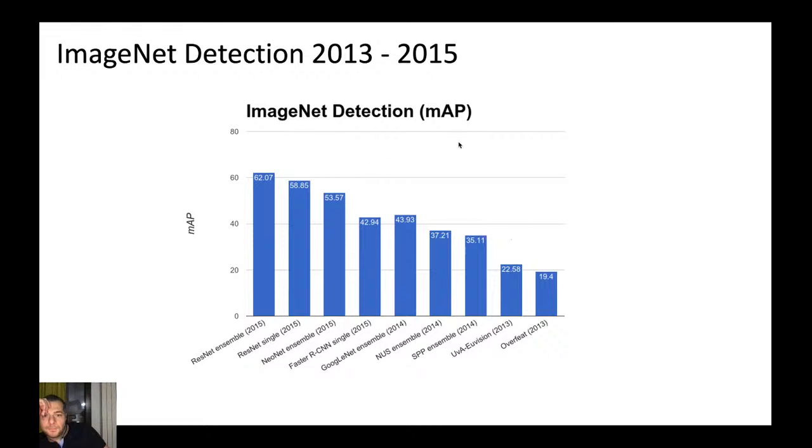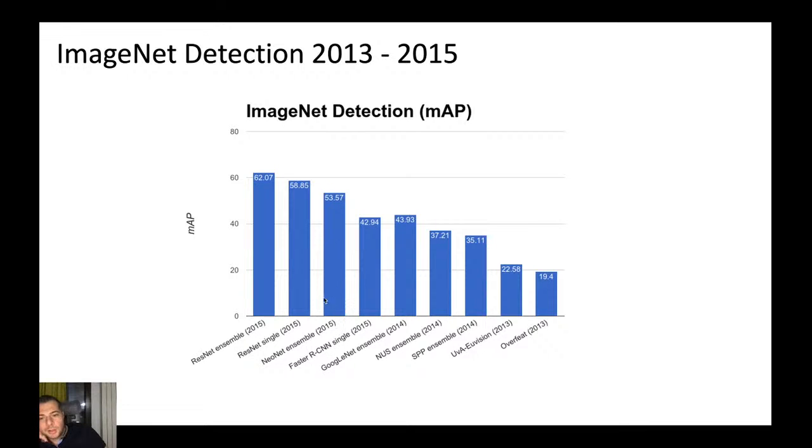Okay, so these are the results for ImageNet detection between 2013 and 2015. In 2015 the state of the art was attained by this ResNet ensemble. The original Faster RCNN as a single model produces this output, and when we use ensemble models we can improve the results.